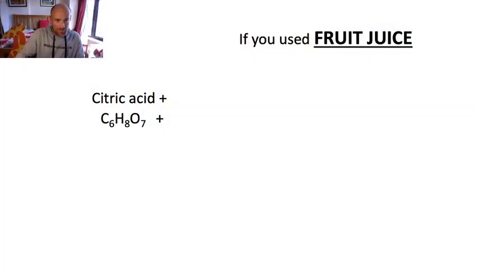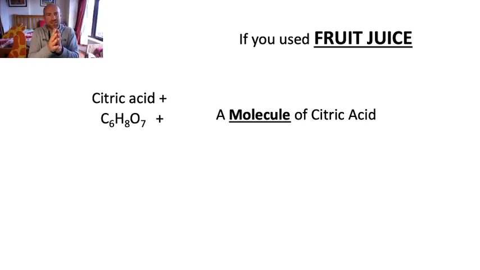Right, citric acid. It's the ingredient in the orange juice that is involved in this reaction. It's the reactant from the orange juice. So C6H8O7, these symbols, this is telling you what a molecule of citric acid is made up of.